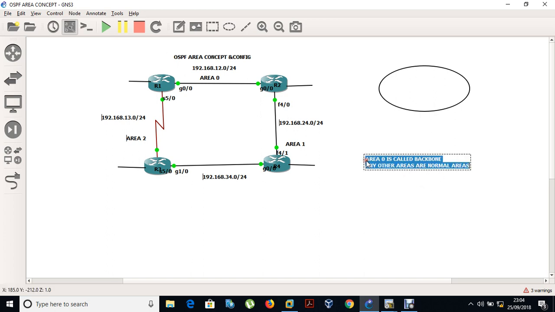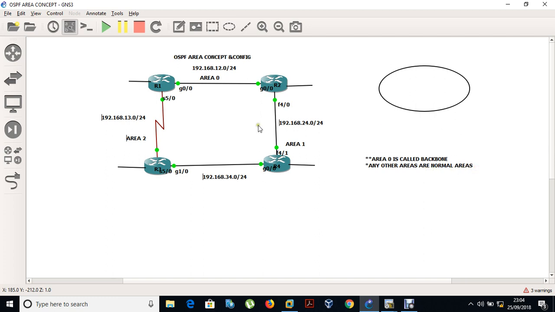Let me put this guy on a star right here. So that's what it is. Area 0 is called the backbone area, and any other areas are called normal areas.